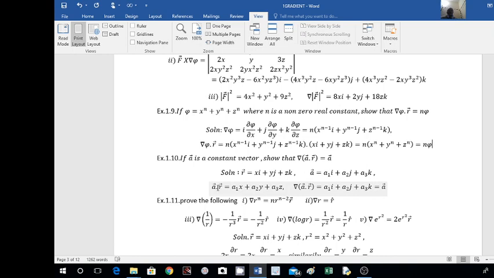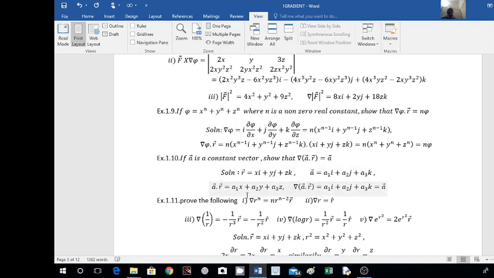Now if I consider a dot r, i term into i term plus j term into j term plus k term into k term, it is nothing but a1 x plus a2 y plus a3 z. This is our a dot r.